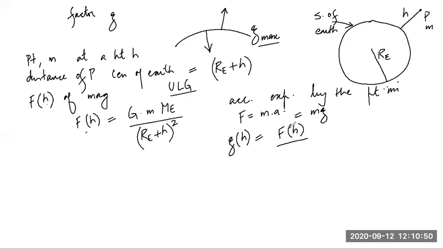That indirectly means the force experienced by the point mass is not the same as we go up the earth. So that is equal to F of h, which we already know, is G, the universal gravitational constant, and m cancels with m, it is M E divided by (R E plus h) whole square.